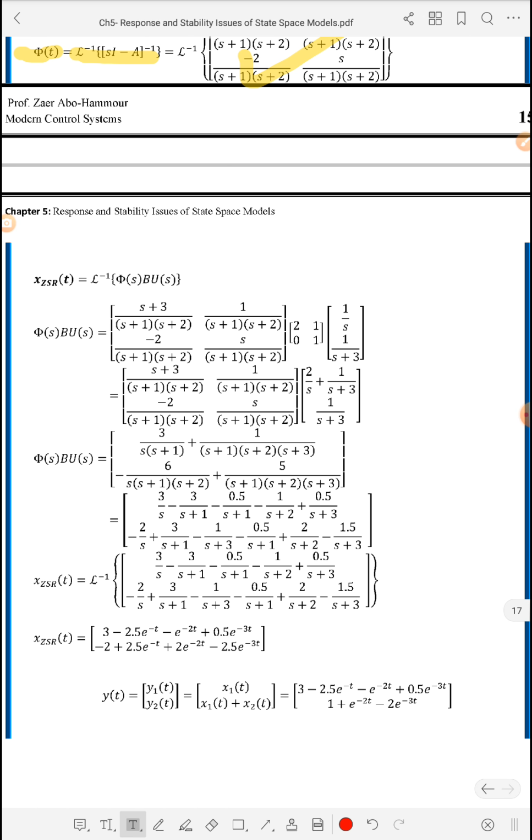If we are interested in the zero state response, which is equal to the Laplace inverse of phi of s multiplied by B multiplied by U of s, this is phi of s, this is the B, this is the U of s. If we perform this multiplication, finally we will get this equation, and if we apply the Laplace inverse of this equation, we will get this, and Y of t, as I have said, has two outputs: this is y1 and this is y2 of t.